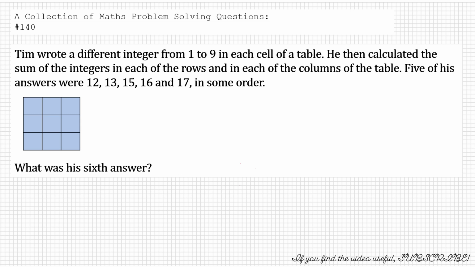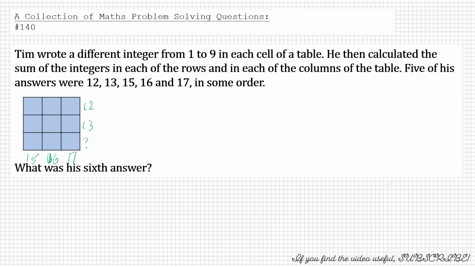So in this question, the totals of the rows or columns can go any way around, it doesn't matter. That's the key thing here: you could have this as 12, 13, and 15, 16, 17, and this one you don't know.